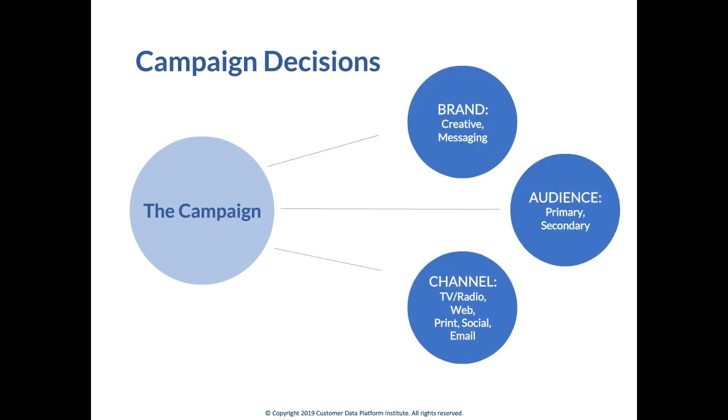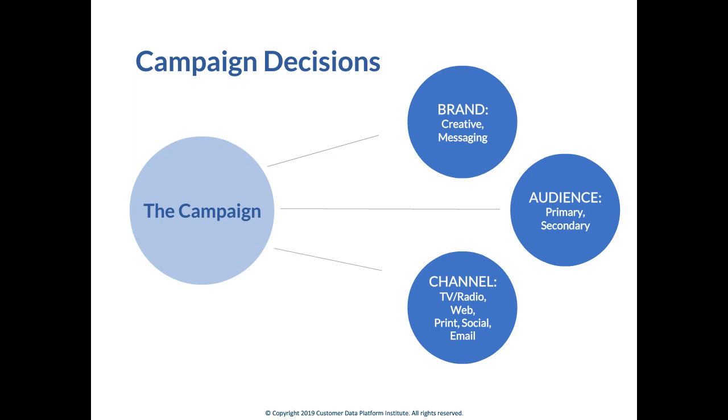So Molly, of course, gets down to planning. She's got some campaign decisions that she's got to make. She's going to be making decisions about what her brand connotes out there in the market. She's going to have to make decisions about the creative that she creates with her creative team, and also work with her product marketers around the messaging.